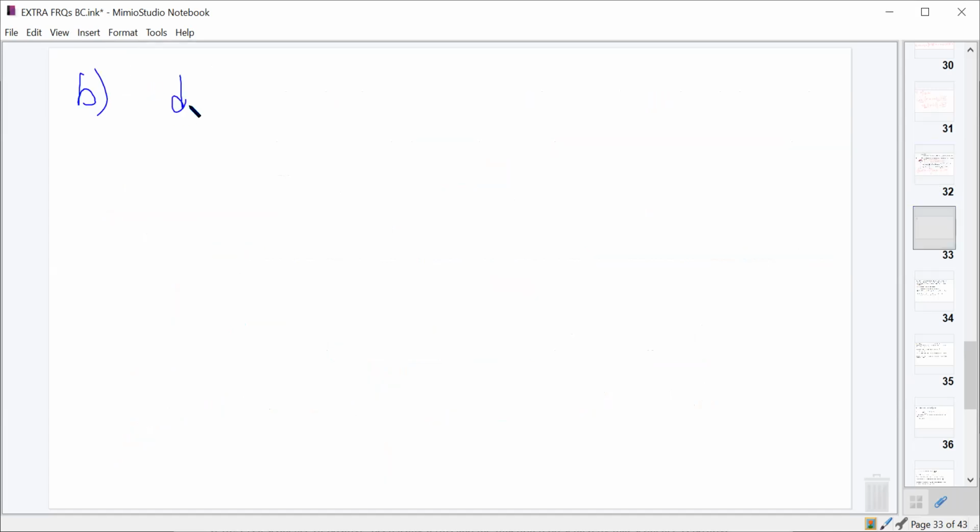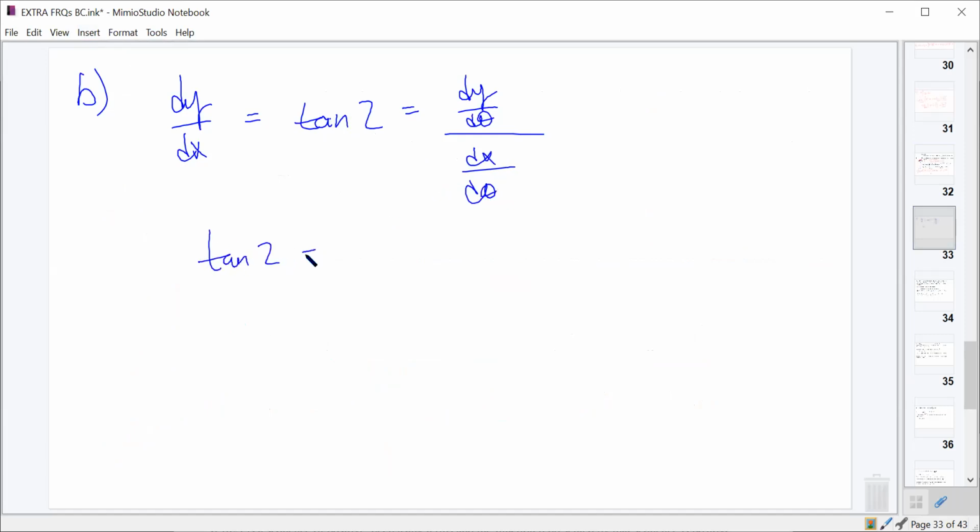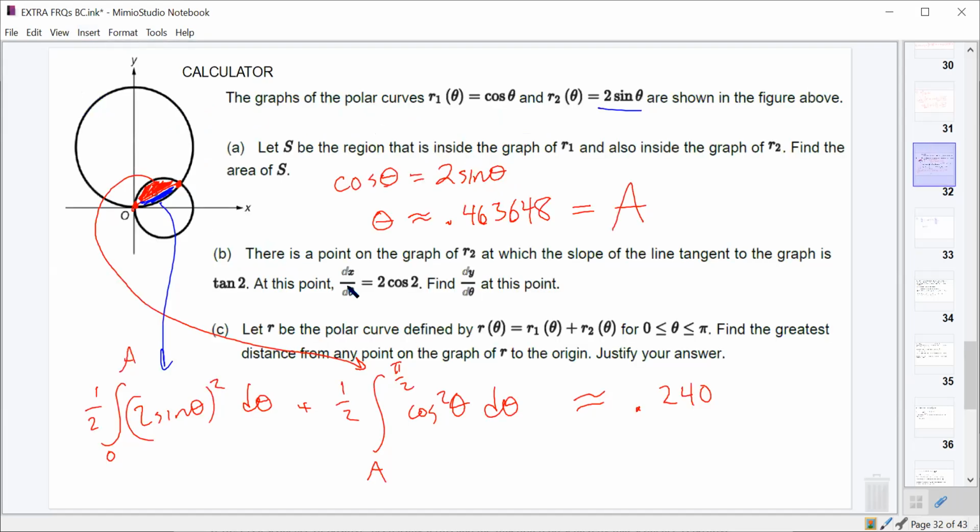We know that dy/dx, which is the slope, should be tangent of 2. And dy/dx is equal to dy/d theta over dx/d theta. So really, we've got tangent of 2 is equal to, which one did they give us? They gave us dx/d theta.